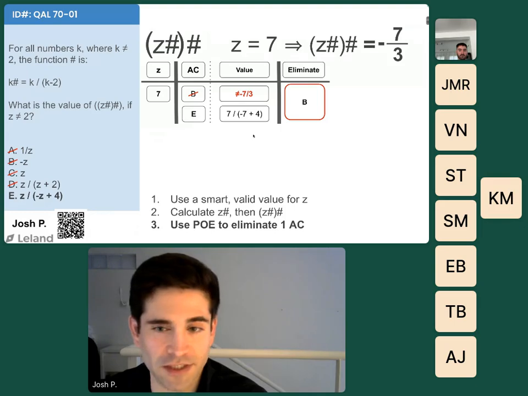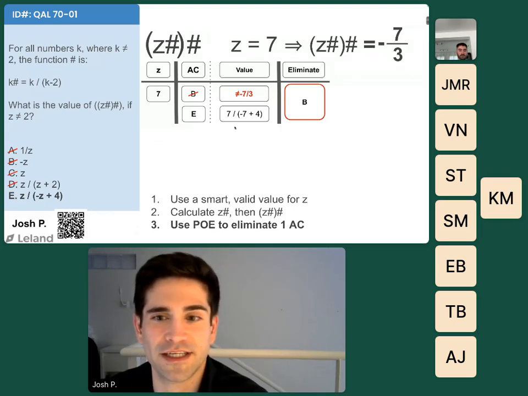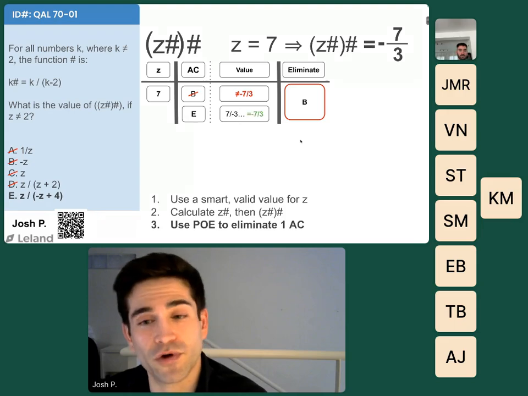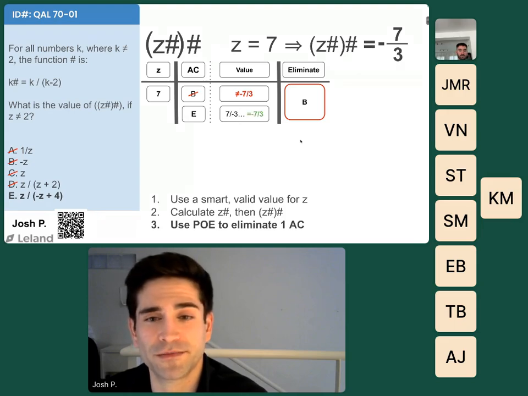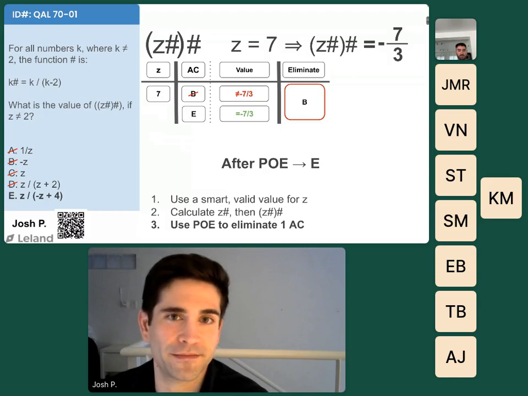But just to triple check, if you want, you can input 7 into E, and you have 7 divided by minus 7 plus 4, which is, of course, equal to minus 7/3. And so E is the correct answer choice after process of elimination.